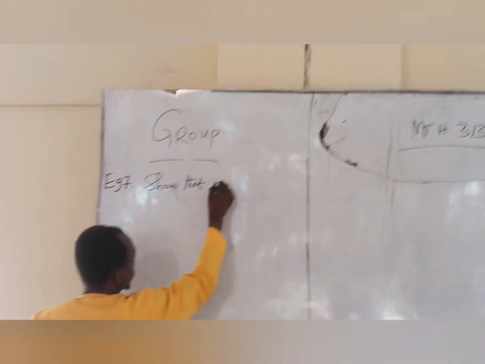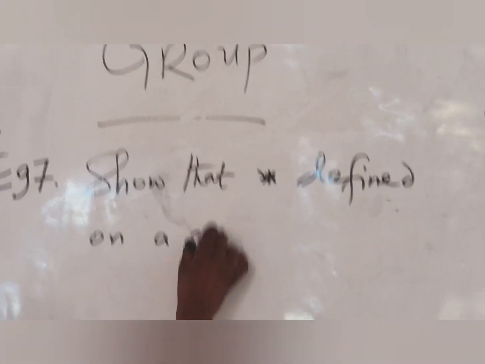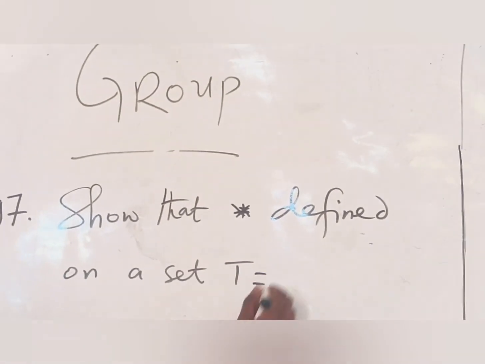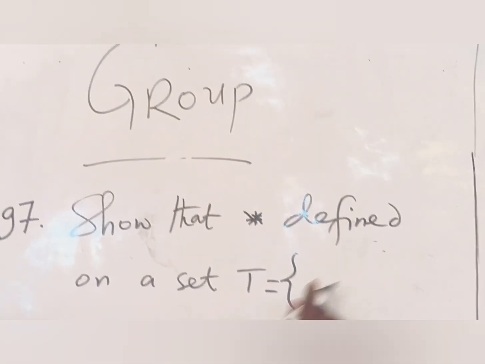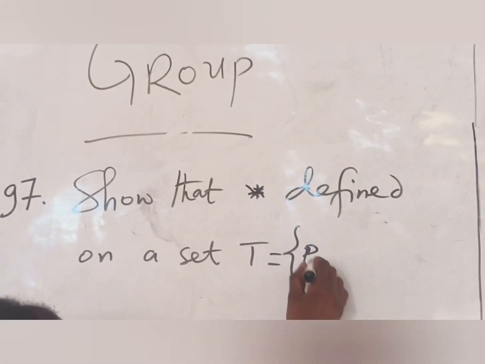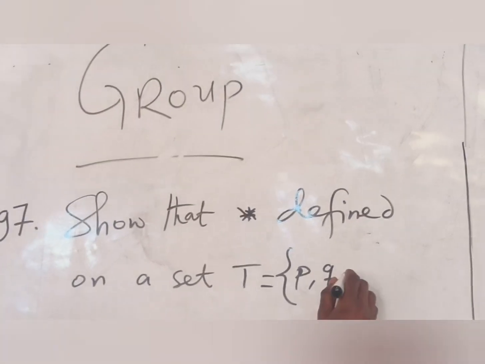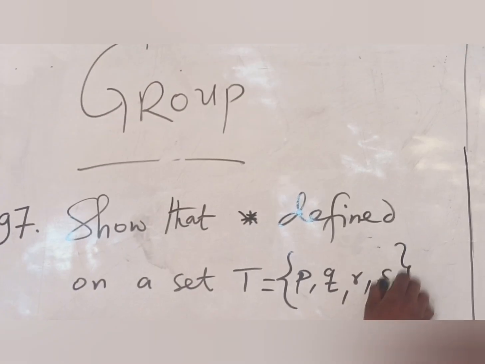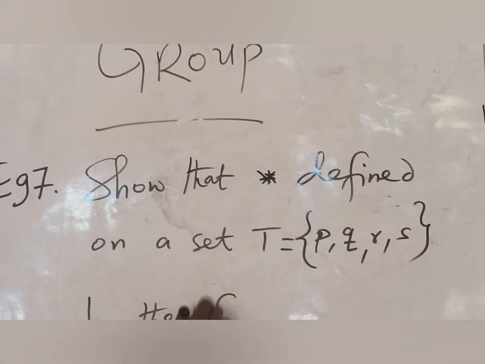Alright. Defined on a set T, T equal to curly brackets open P, Q, R, S closed, by the following table in a group.